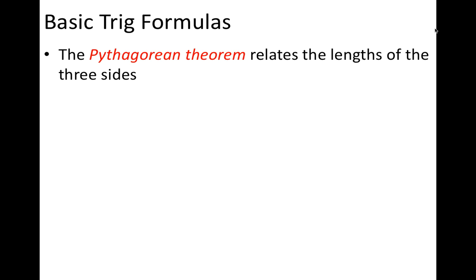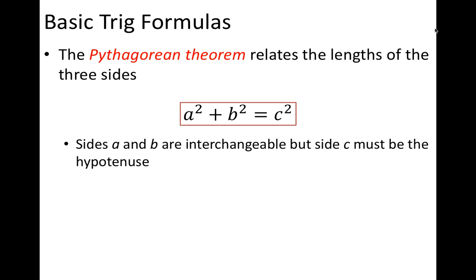Now, there are some basic trig formulas that you should remember from math class. The first is what's known as the Pythagorean theorem, and that relates the lengths of the three sides. A squared plus b squared is c squared. Now, when you use this, it is absolutely important that you always label side C as the hypotenuse.